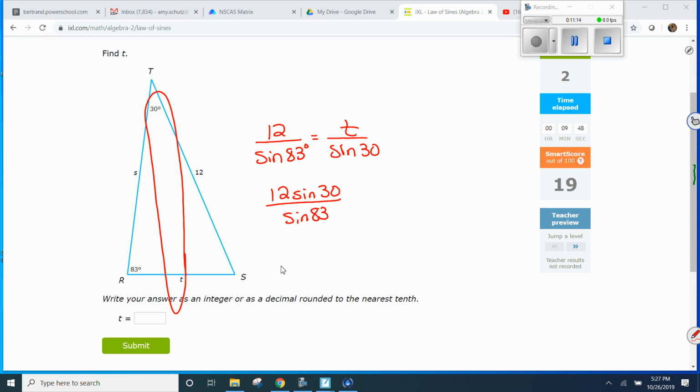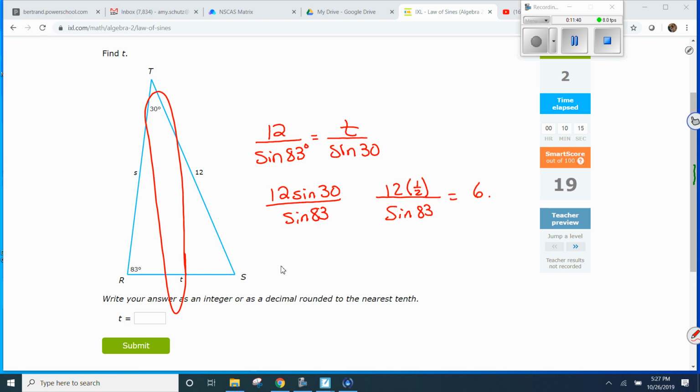You know the sine of 30 degrees: if you fold in 30 degrees, which is your ring finger, you're going to find out that the sine of 30 degrees is 1/2, divided by the sine of 83. So without your calculator, that's the way that I know how you would do it. Like I said, I'm not quite sure of your application of this when you don't get a calculator.